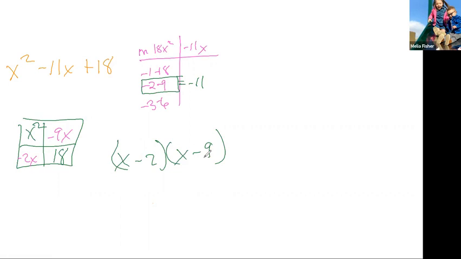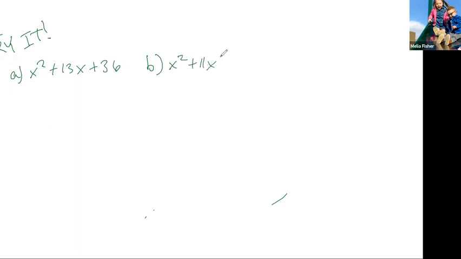Okay. Let's see how good you are. Here are 4 trinomials. A is x squared plus 13x plus 36. B is x squared plus 11x plus 28.